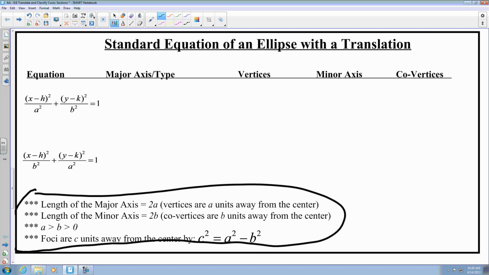The first one is the hamburger one, because it's kind of wider like a hamburger, and then this one's the hot dog one. It's kind of longer like a hot dog.